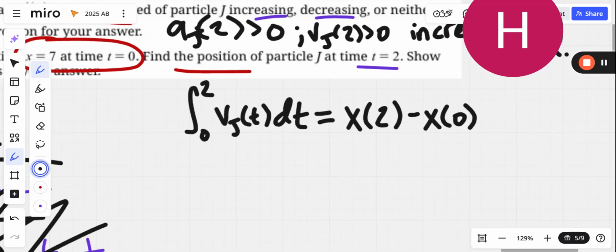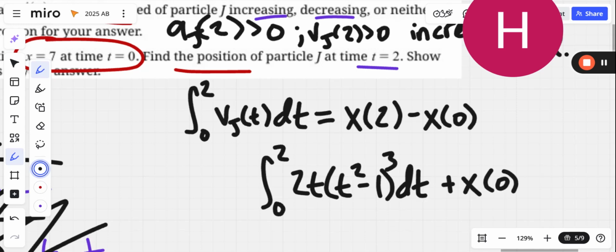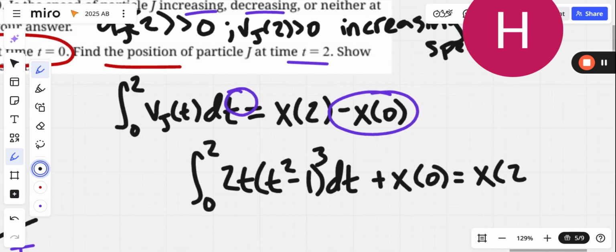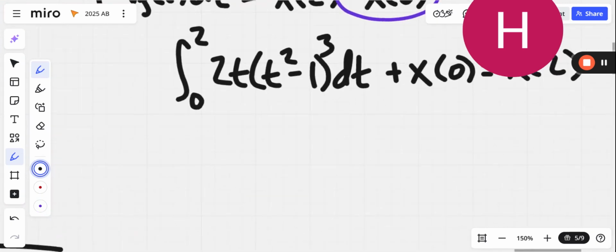Alright, so that means the integral from 0 to 2 of 2t times (t squared minus 1) cubed dt, and then plus x of 0, if I add this x of 0 to both sides, right? Then that leaves me with x of 2, which is my goal. Find the position of the particle at 2. So we just have to do an integral here.